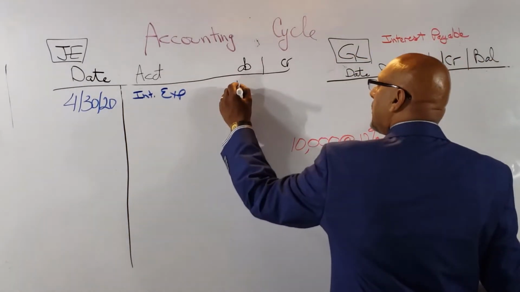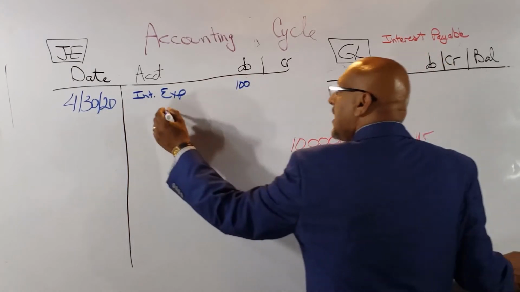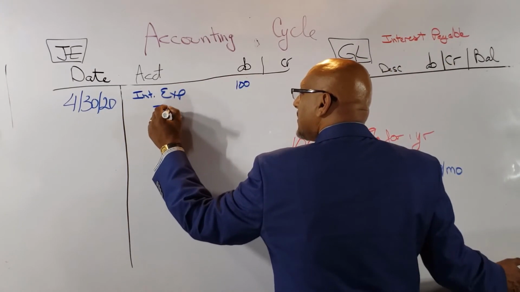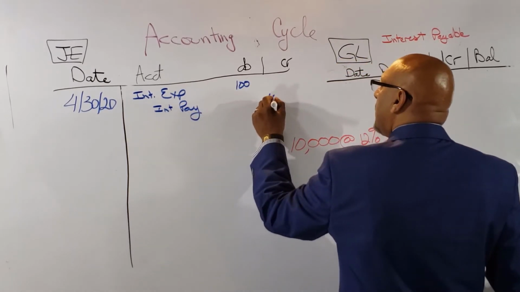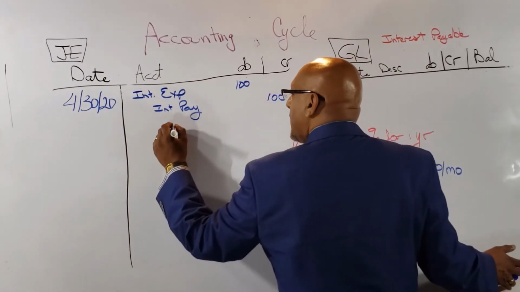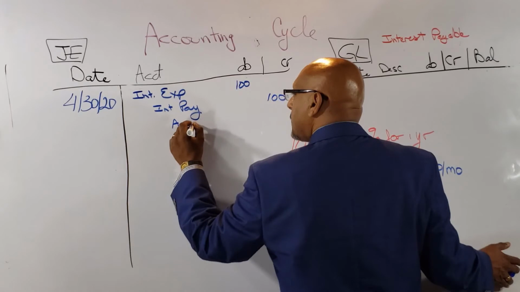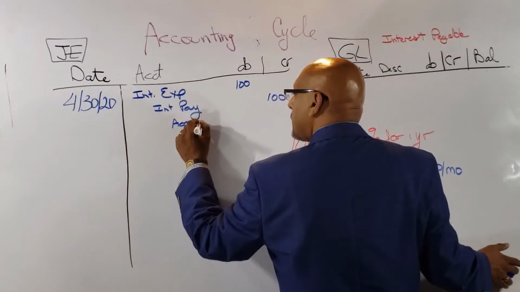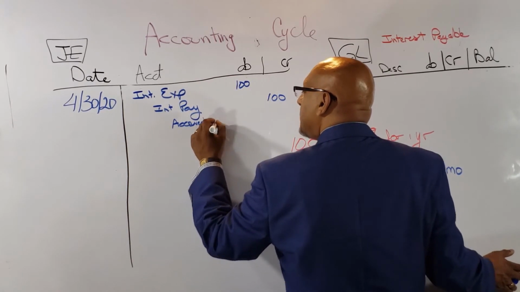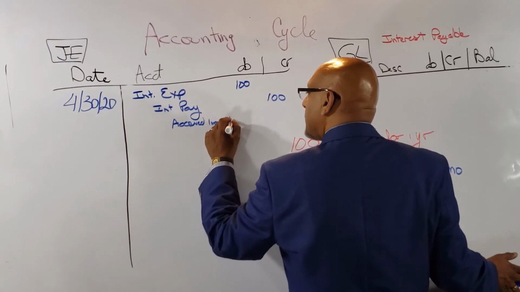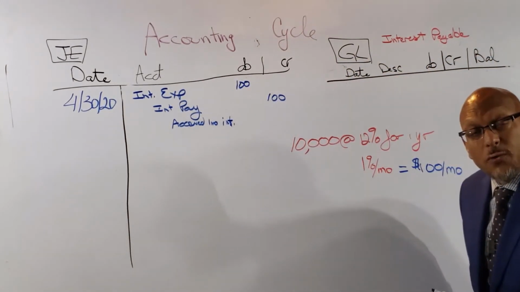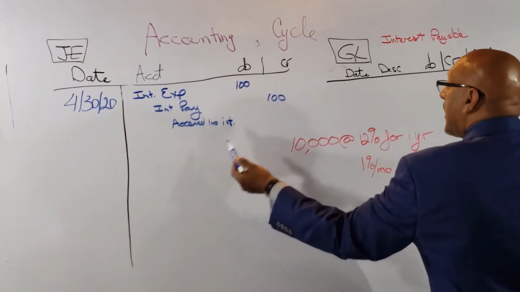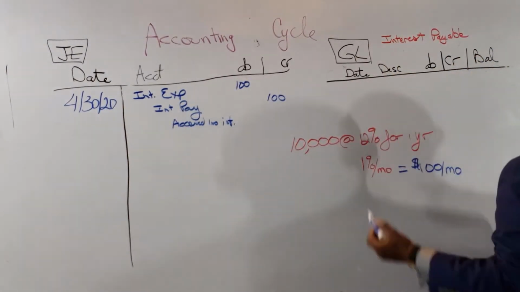So we're debiting $100 to the expense. And then we have the interest payable account for $100, and we accrued 1 month interest. There's our JE for it with the description. Now we're going to post it to the GL.